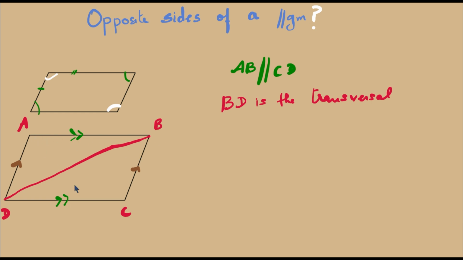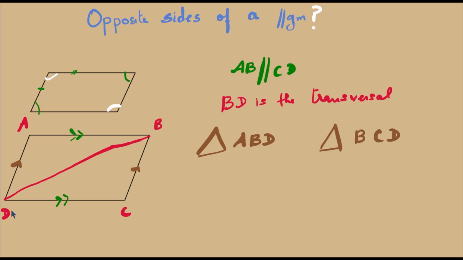So now we have AB parallel to CD and BD is the transversal. So this diagonal has divided our parallelogram into two triangles. One is triangle ABD and the other is triangle BCD.